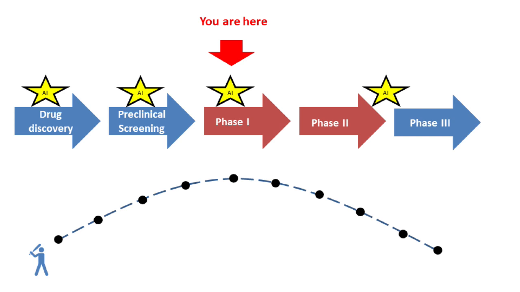So now let's start the clinical phase, which comprises phase 1, phase 2 and phase 3 clinical trials. The main problem in this phase is a very big attrition rate. In cancer drug development, for example, only 5% of the compounds that start a phase 1 clinical trial will finally get approval.